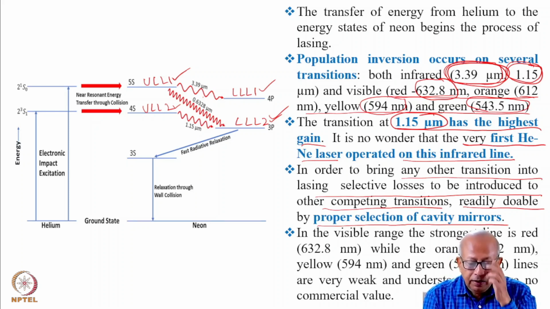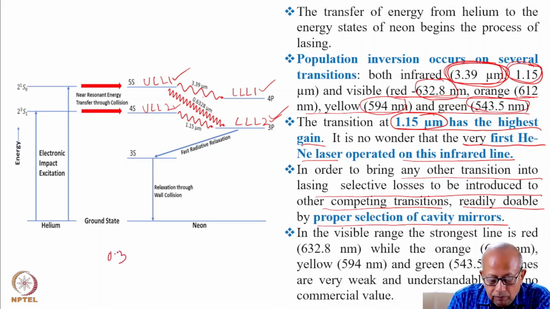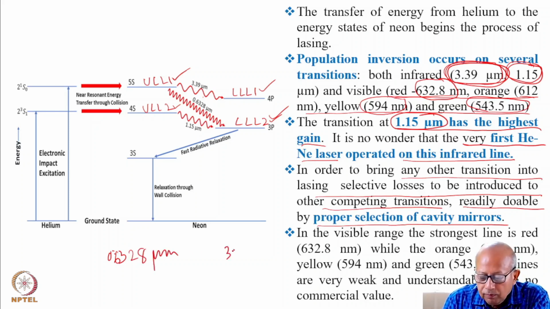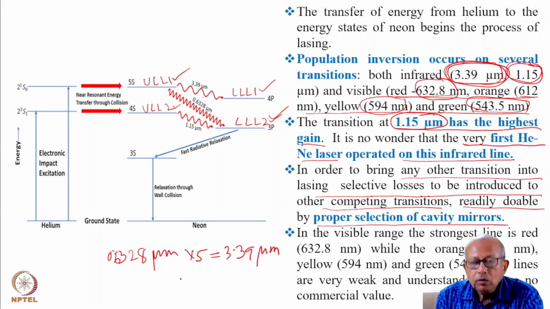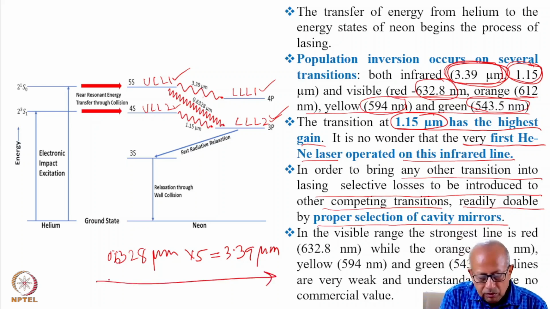However, if you see the factor by which the shortest and longest wavelength differ, that is, the shortest one is 0.6328 micron, and the longest wavelength is 3.39 micron. So there is a factor of almost 5, even more than 5. So by using a single dispersive element, it won't be possible to select wavelengths over such a long range.